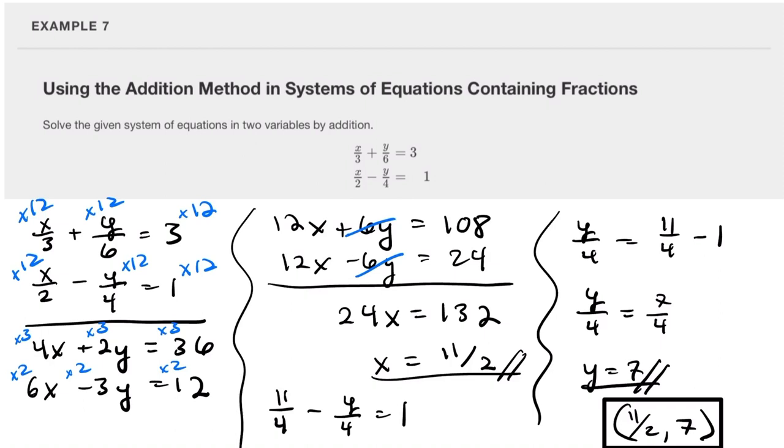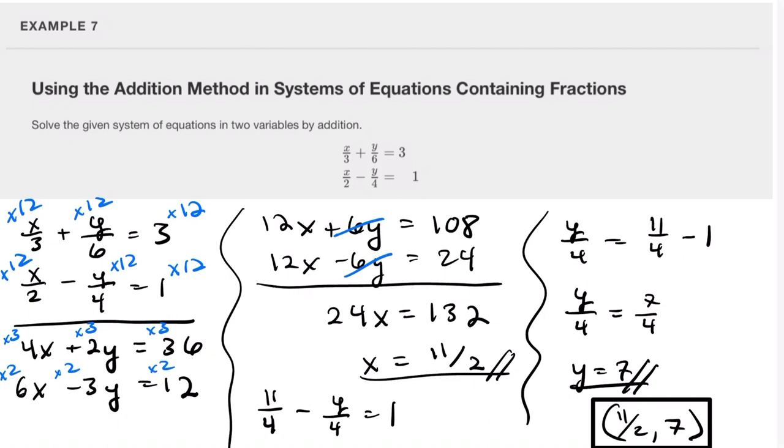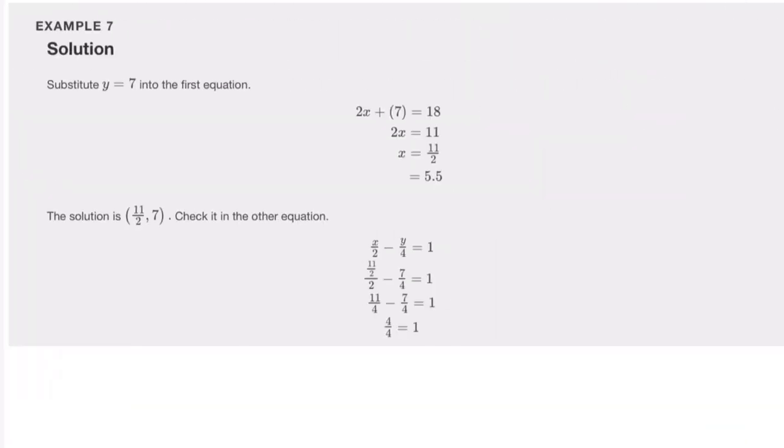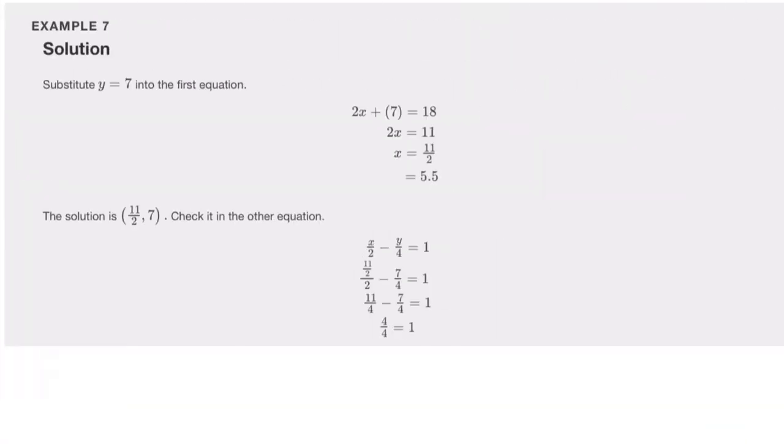I feel inclined to just use the calculator. 11 over 4 minus 7 over 4, that's indeed 1. 11 over 6 plus 7 over 6 is 18 over 6, which is 3, right? So it actually makes both of them true. So I think this is it. 11 over 2 and 7 is correct. Okay.